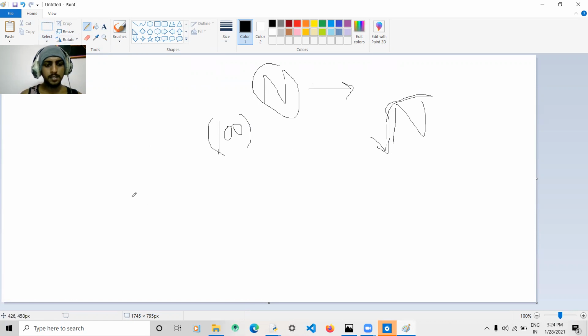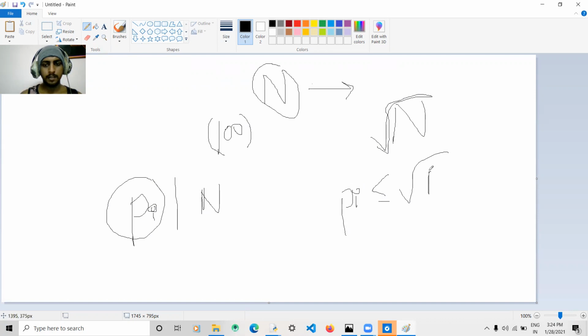What it simply says is that if the smallest prime pi divides n, then pi is less than or equal to root n.